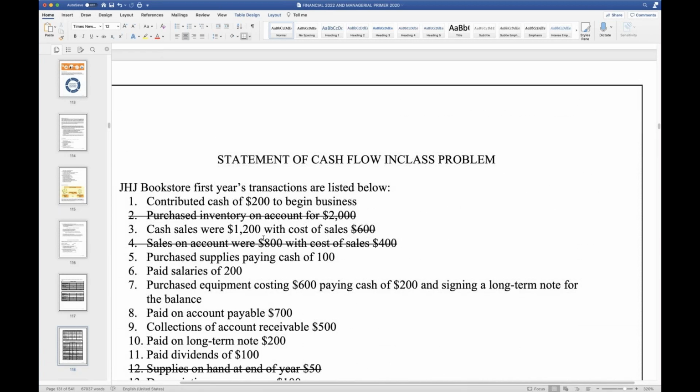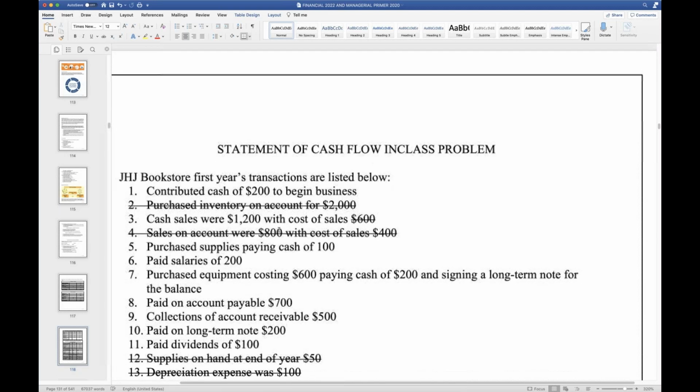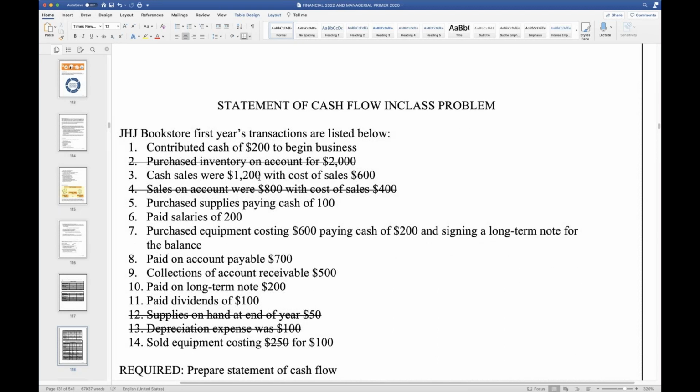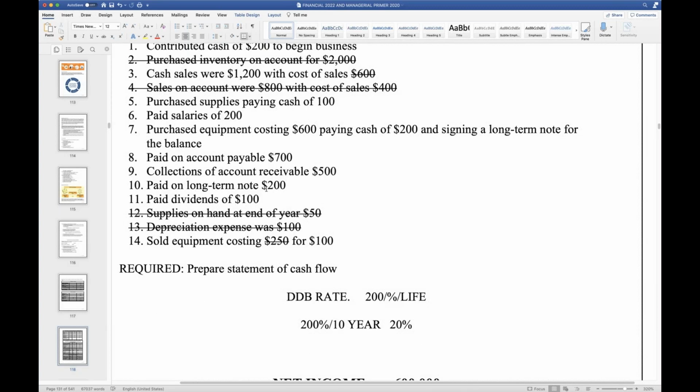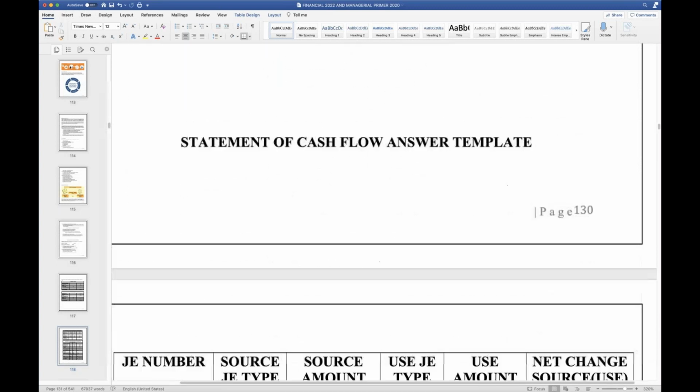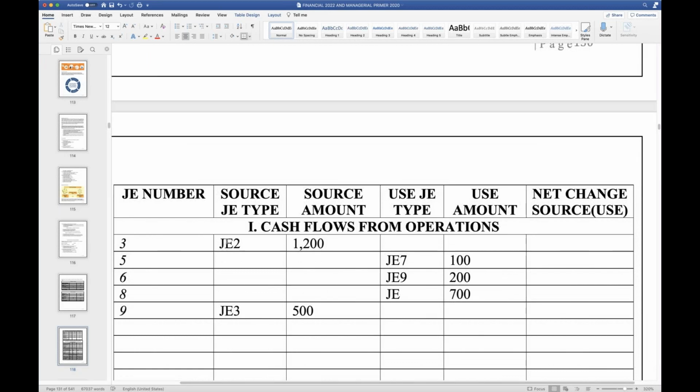Then we went to journal entry 2, cash sales, 1,200. The only part we're concerned with is that cash. And that's going to be a type 2 transaction, which is in the operations, 1,200.